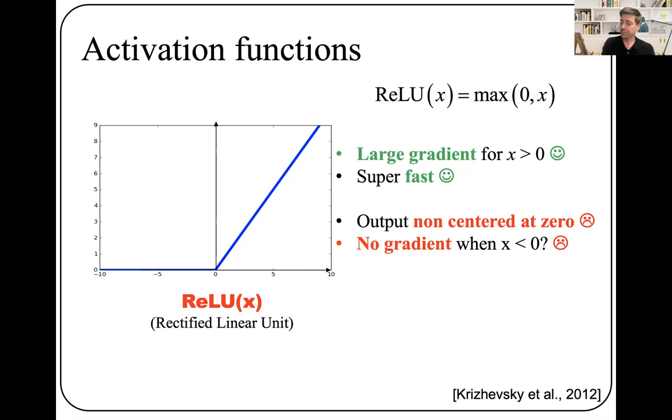Well, because for x greater than 0, we have a non-saturating function, which has a non-zero gradient. You can notice that the gradient here is always equal to 1, regardless of how far we are from 0. So that's the first thing. That efficiently solves the vanishing gradient problem.